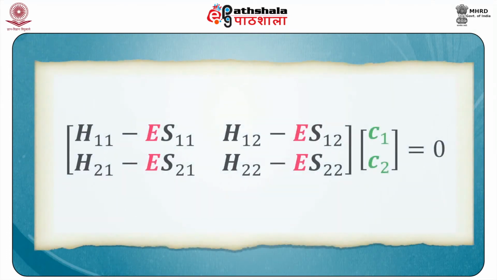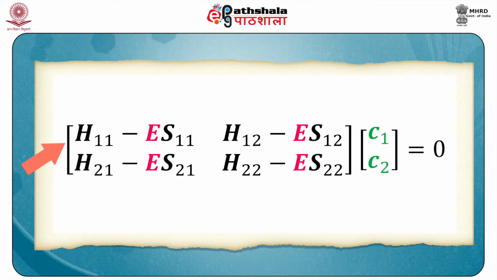Here it is. The first determinant is H11 minus ES11, then H12 minus ES12, and it goes up to H1n minus ES1n. But presently we are showing it only for a 2 electron system.